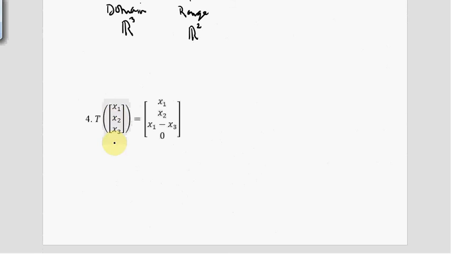Here, our domain would be a 3-dimensional vector. And then what about our range? 4. 1, 2, 3, 4. Very good. That 0 is important for space position.